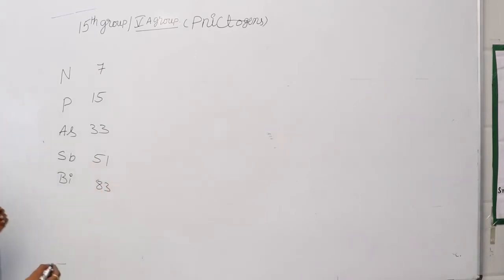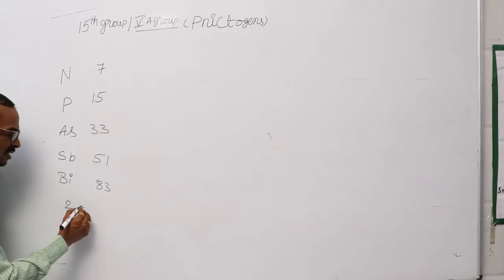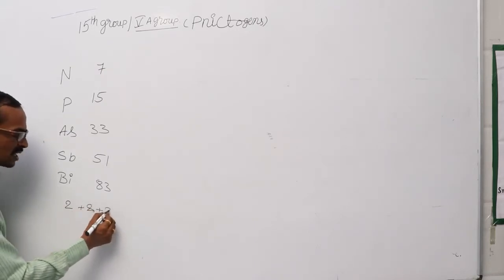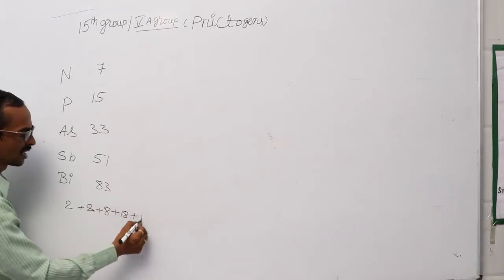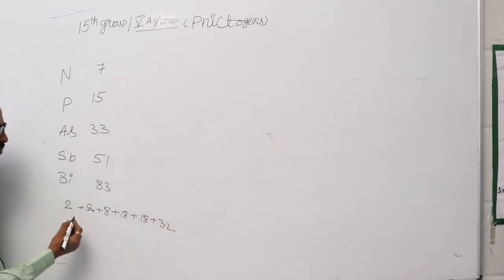So we know that in the long form of periodic table, the first period is having 2 elements. Second is having 8 elements. 2 plus 8 plus 8 plus 18 plus 18 plus 32. So here nitrogen is in second period.